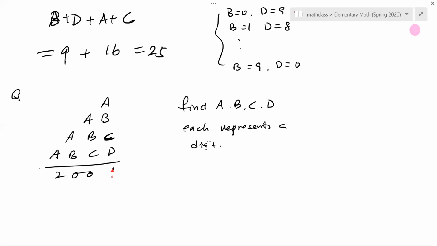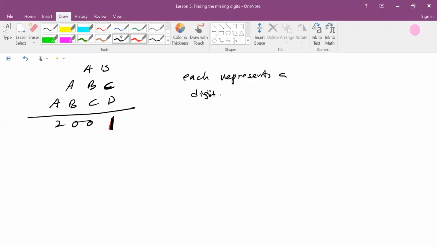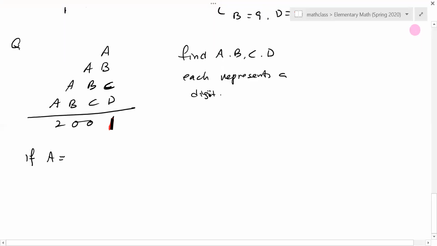Let me check. Okay, my hint is you try to figure out A first, from the left-hand side. A could be 1, could be 2. First of all, you have to say that one of these is impossible, and A equals 2 is impossible. The maximum value for A is going to be if A equals 2.